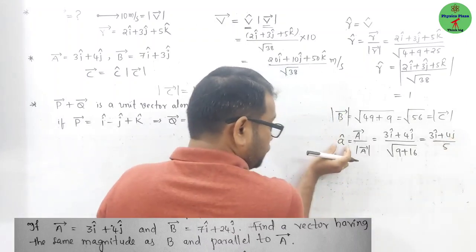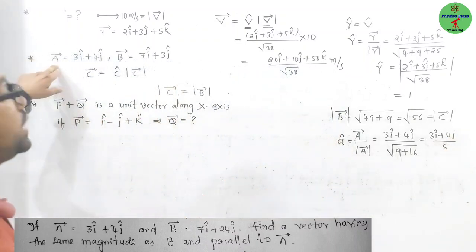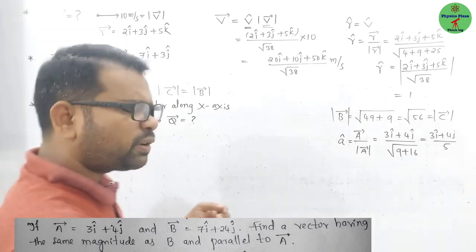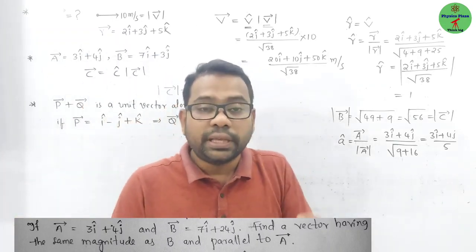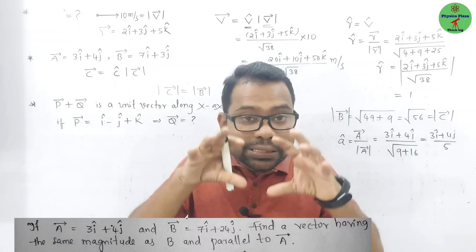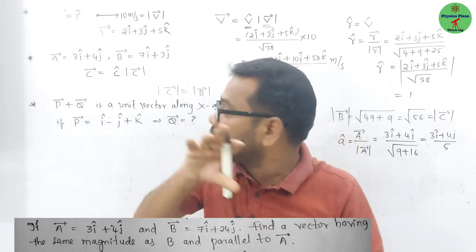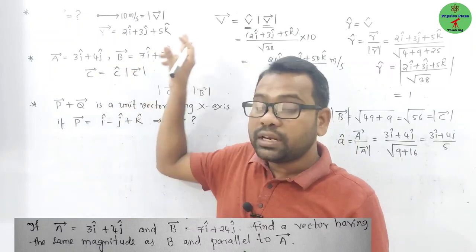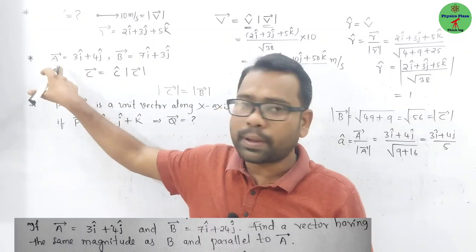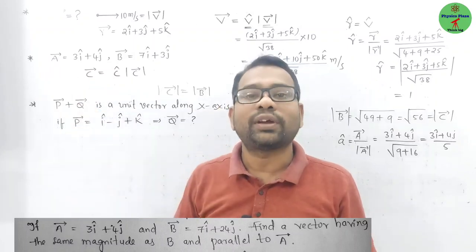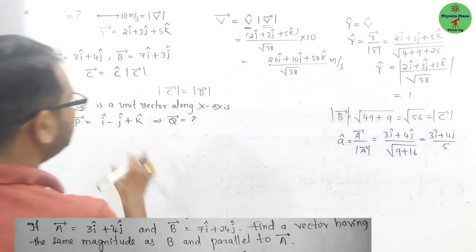So this is what we call the unit vector of this vector A. Now you may wonder, sir, why are we calculating that? Because they asked us to calculate the vector C with the magnitude equal to the vector B and it should be parallel to the vector A. Parallel to vector A is the unit vector only.